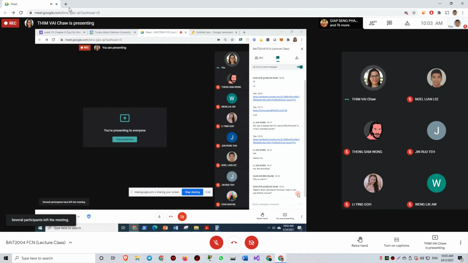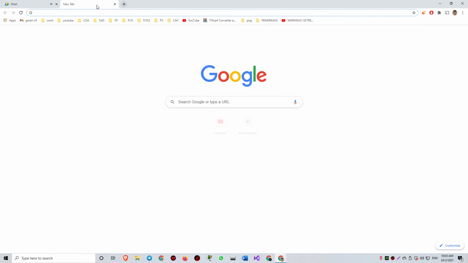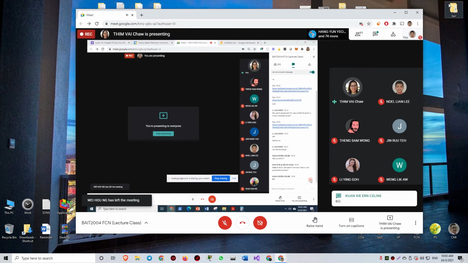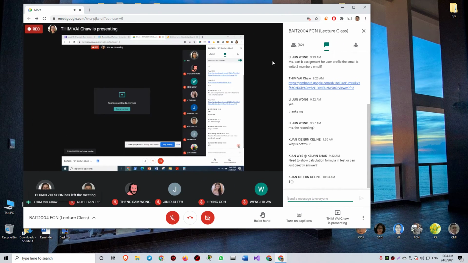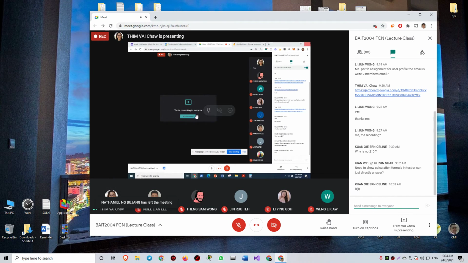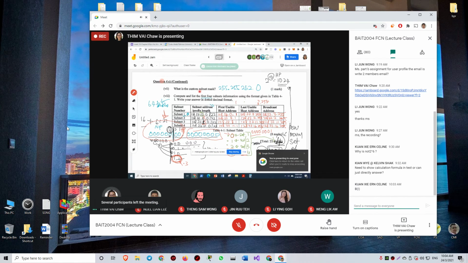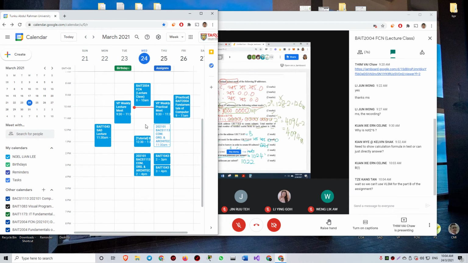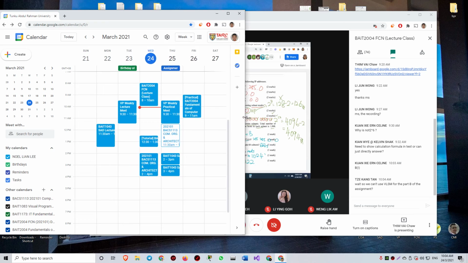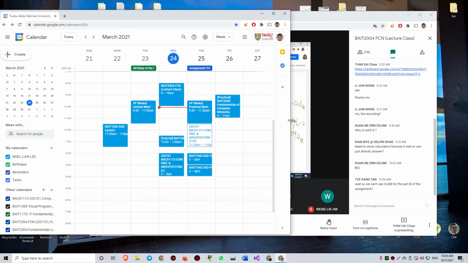Wong, recording Karen asks why it is not 2 power 6. 2 power 6 is about the number of networks you can create. Just now, you borrowed 6 bits from the host portion to become the network portion.